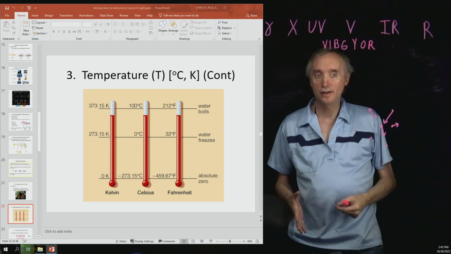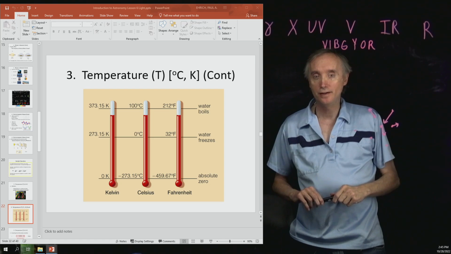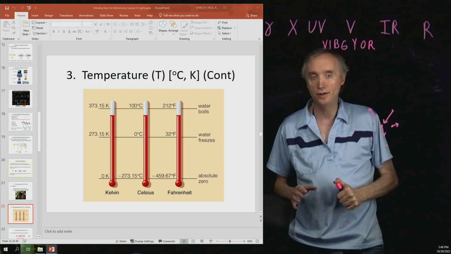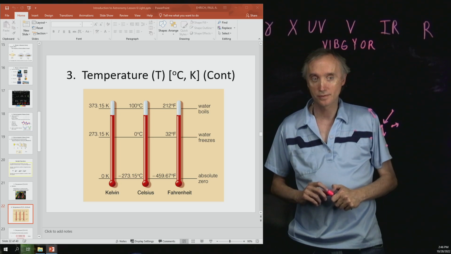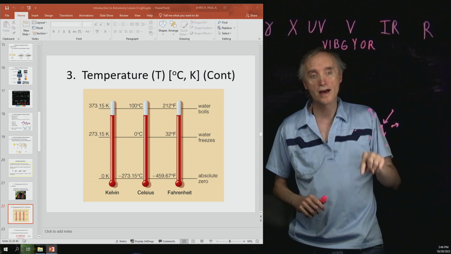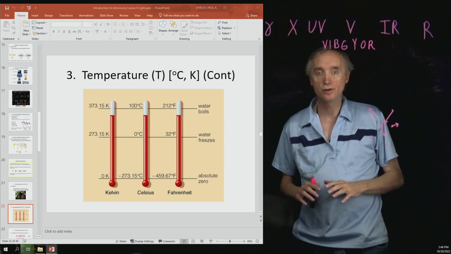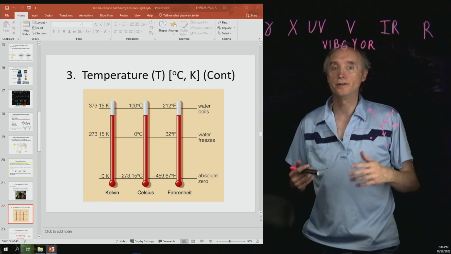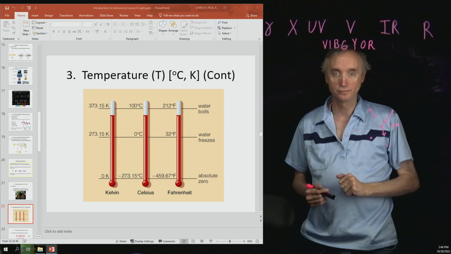And so we're not going to get into it, but it turned out that they found it would be negative 273.15 degrees Celsius. And they said, okay, let's start all over again. Let's call that 0. The absolute coldest you can make something, they called it absolute 0, 0 Kelvin.